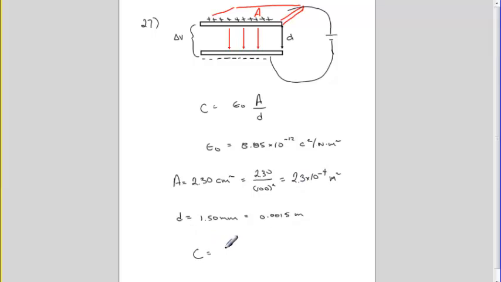The capacitance is 8.85 times 10 to the minus 12th, that's Coulomb squared per Newton meter squared, multiplied by the area, which is 2.3 times 10 to the negative 4 meters squared. And we divide that whole thing by the distance between the plates, 0.0015 meters.